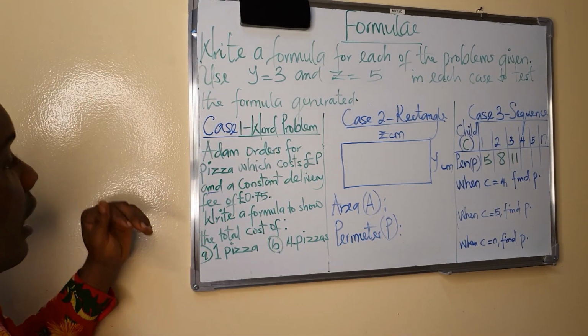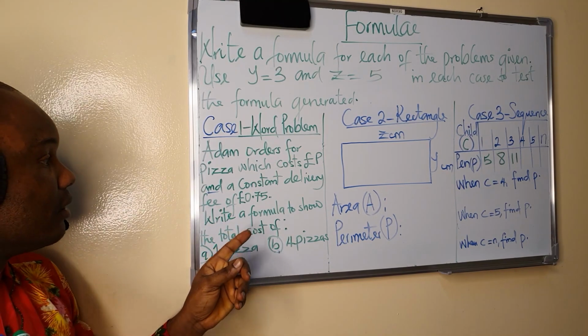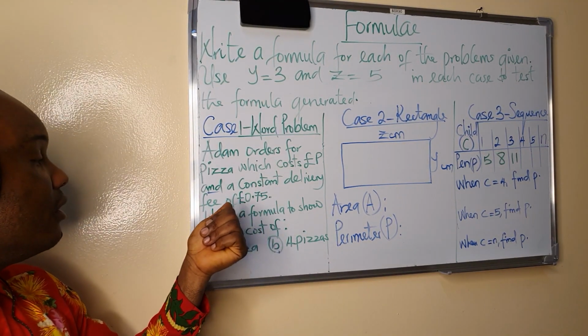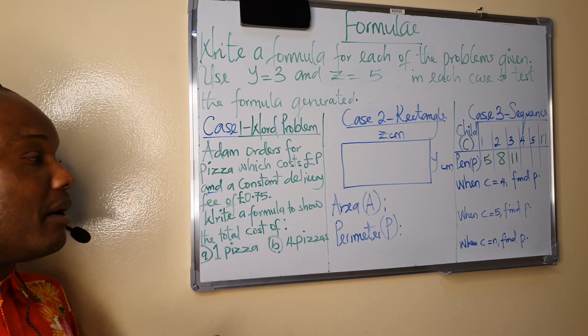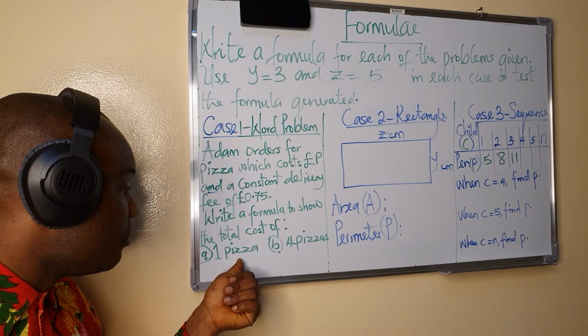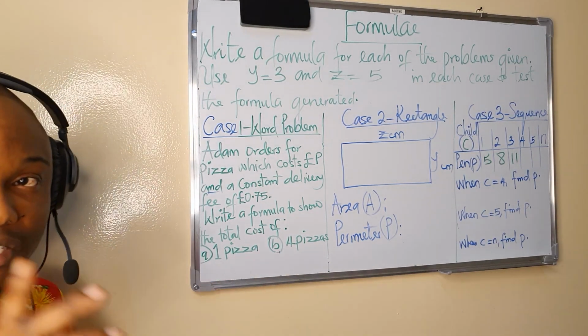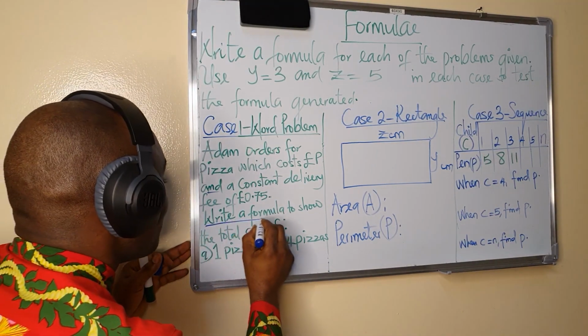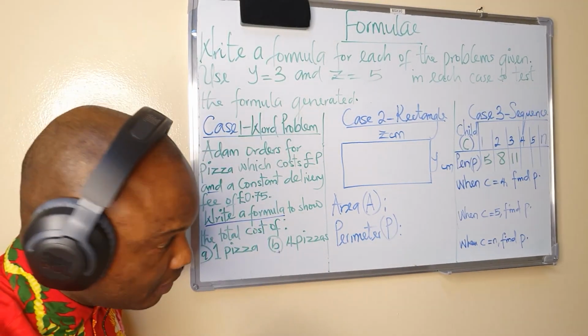Case 1 says Adam orders a pizza, which costs p pounds, and a constant delivery fee of 0.75 pounds. Write a formula to show the total cost of one pizza and 4 pizzas. First, we are expected to write a formula, not a number.